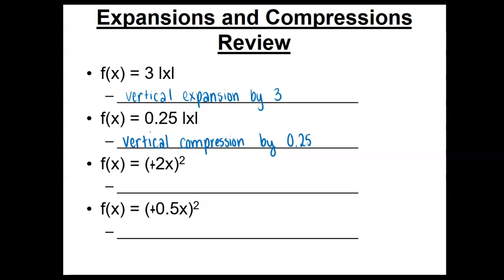Okay? So if those two are vertical, the next two are going to be horizontal because the numbers are on the inside of the parentheses for these. So both of these are horizontal.